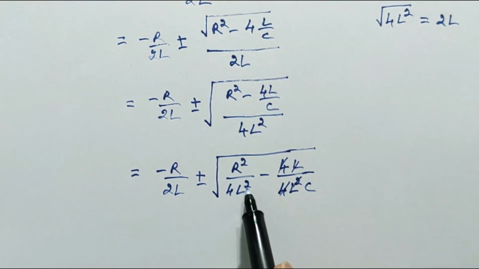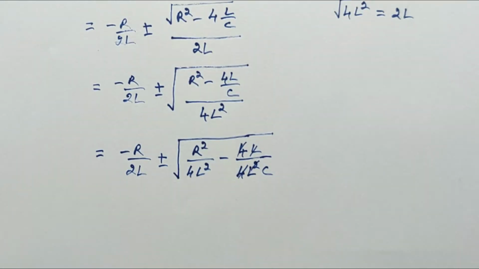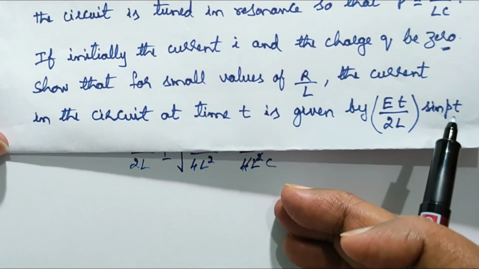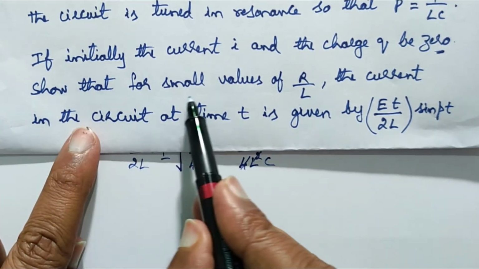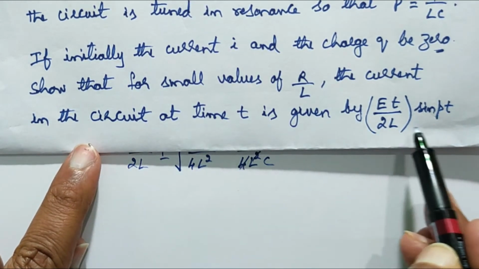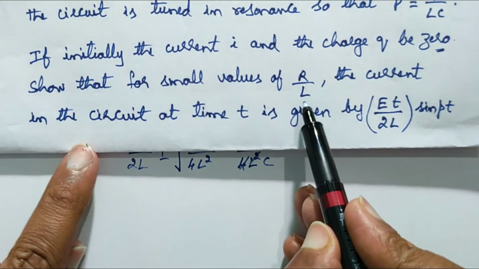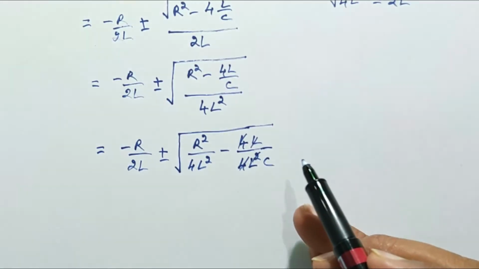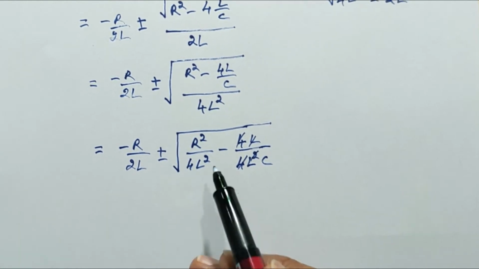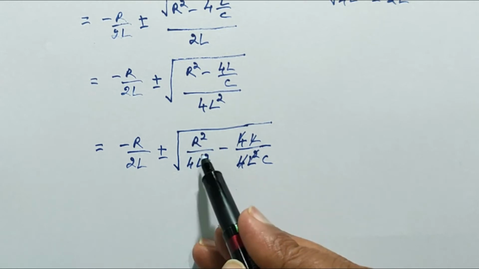Further, it is given in the question that the value of R by L is small. You can read, show that for small values of R by L the current is so much. So you have to show the current value for R by L, and R by L is small. Since R by L is small, R square by L square under the root becomes small. Hence this R square by L square becomes a smaller value.